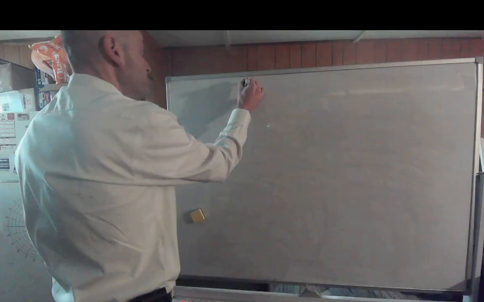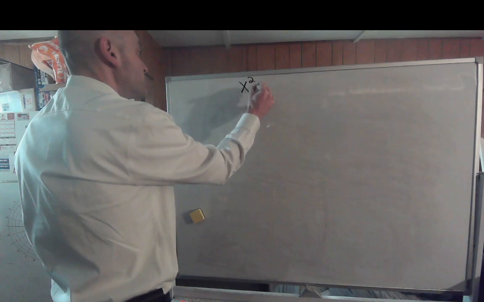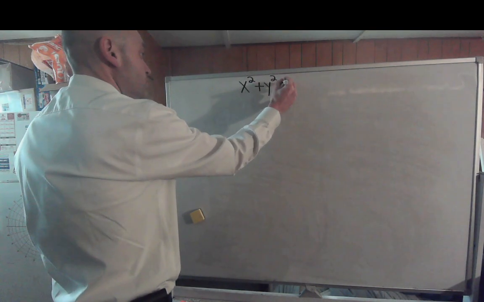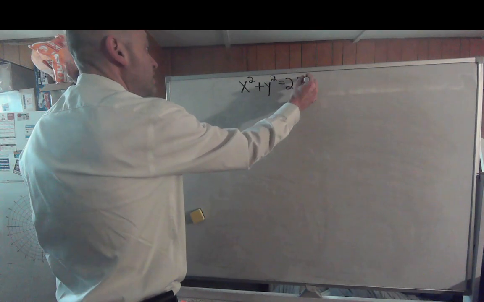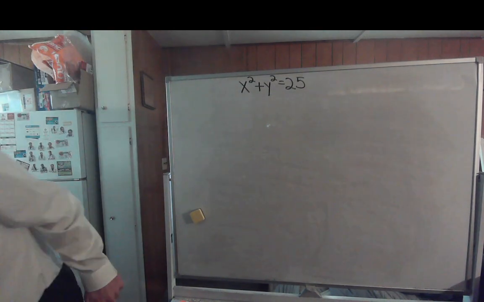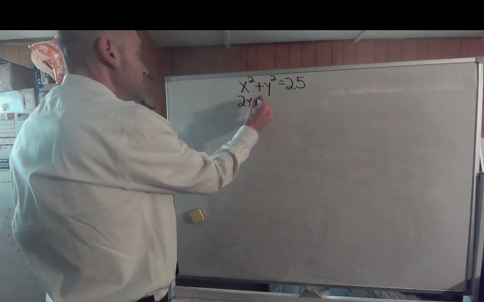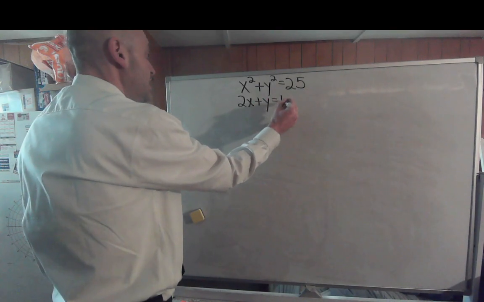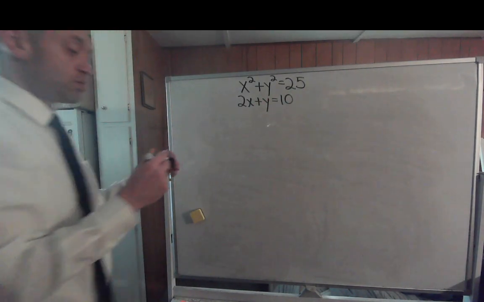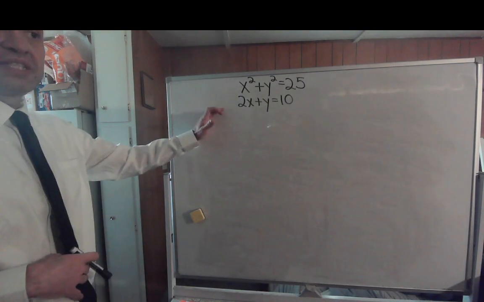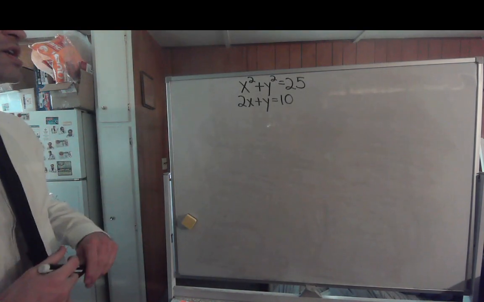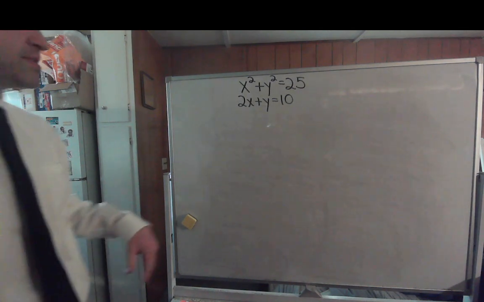So let's say you have something like x squared plus y squared is equal to 25. Clearly a circle, right? And then you have 2x plus y is equal to 10, which is a line. So we're trying to figure out if this circle and this line intersect. Definitely going to have to use substitution.